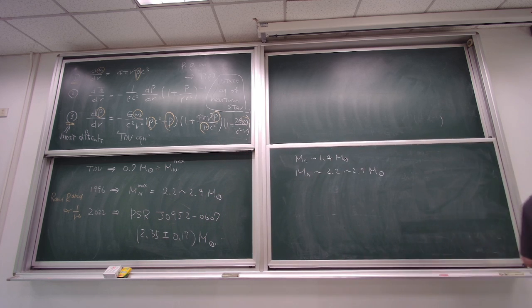And then once you do this contraction, you will get the so-called supernova. Again, it's type 1A supernova, which I'm not so familiar with.